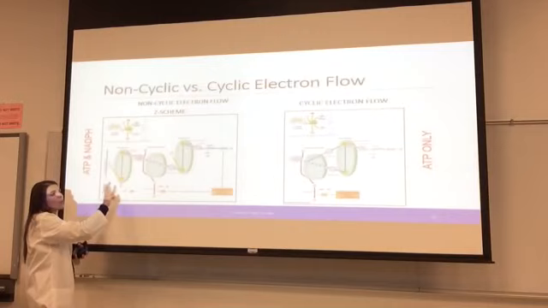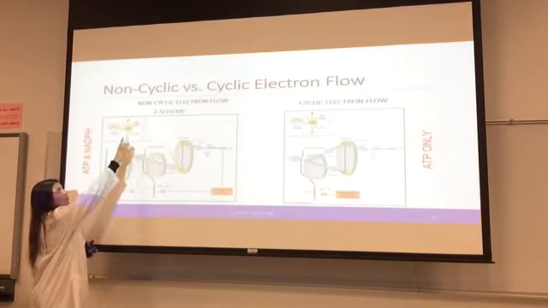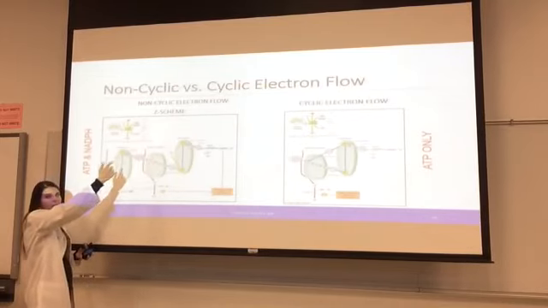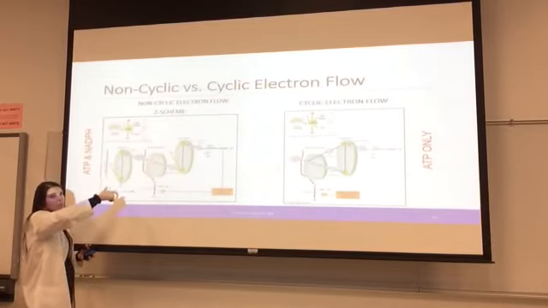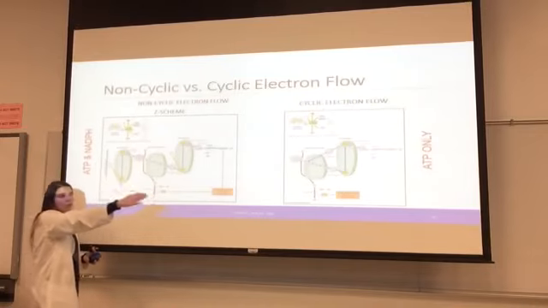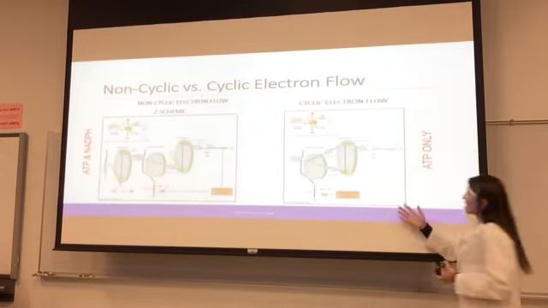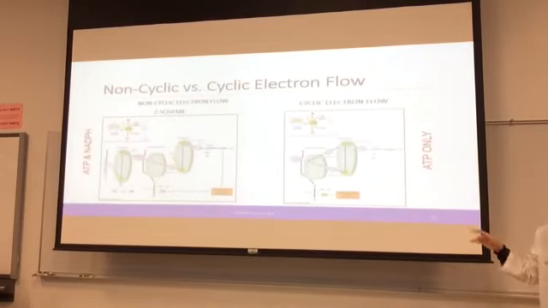So we have two ways that electrons can flow. The way I taught you initially, which is that Z scheme. It's also referred to as non-cyclic because it's not a cycle. It just goes and it's finished. This second way electrons can flow is what we call a cyclic electron flow, and that's because it flows in a circle, in a cycle.